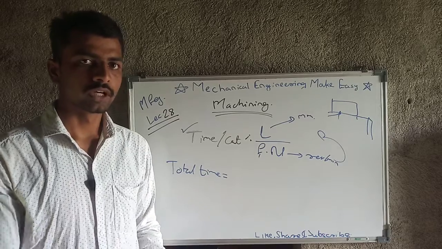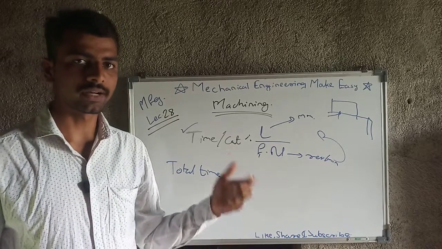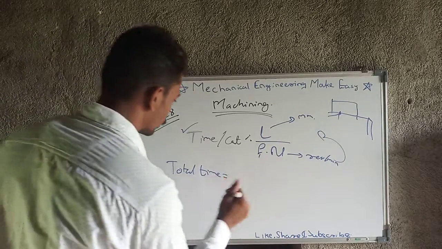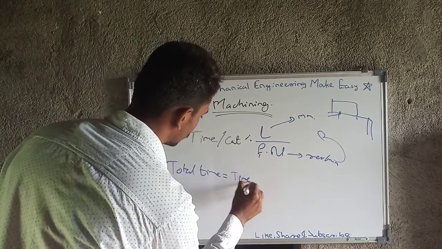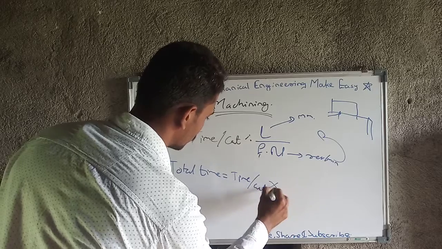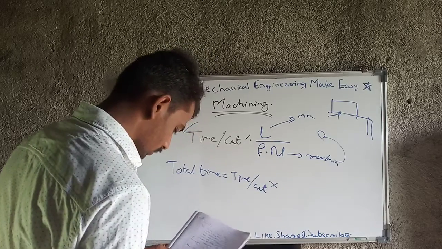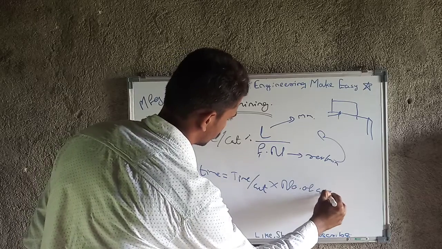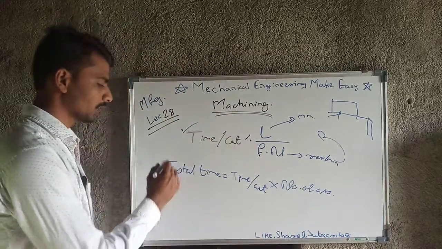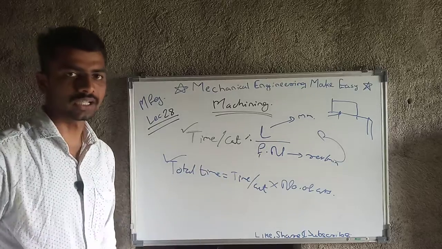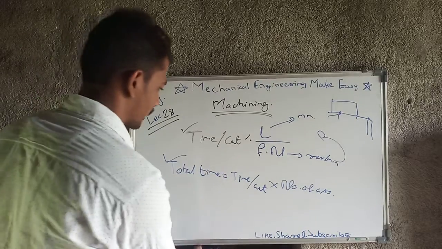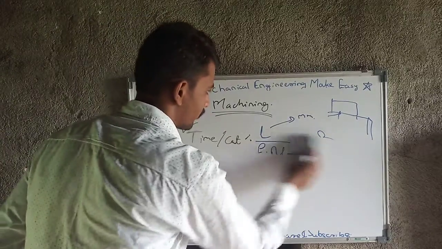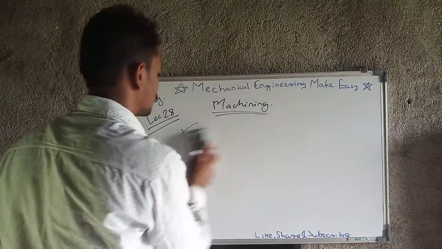We need to operate a number of passes, and accordingly the total time will be time per cut into number of cuts. Time per cut into number of cuts gives us the total time required for all the cutting operations. Then we will move towards our main topic.